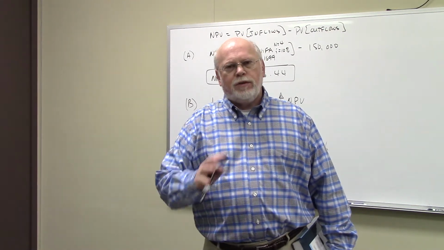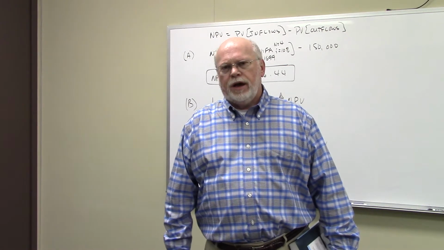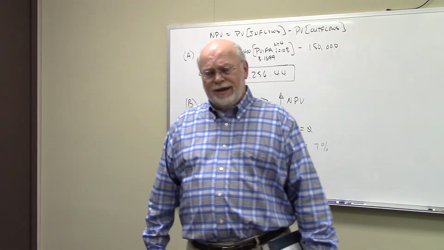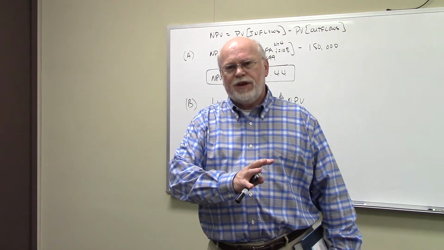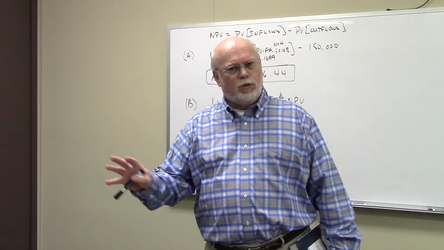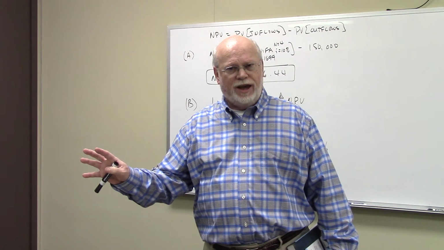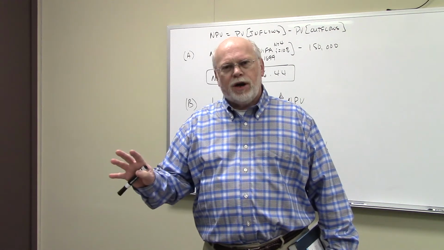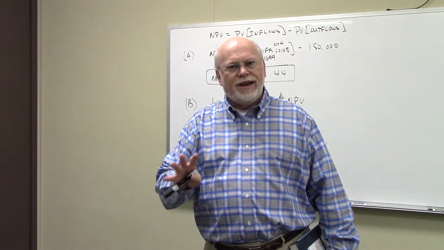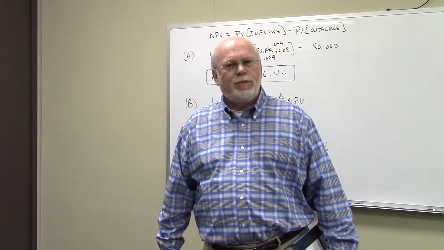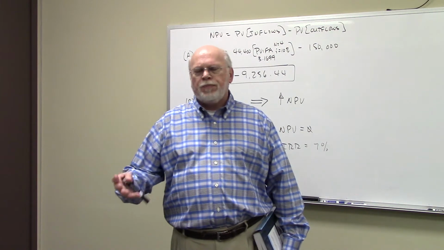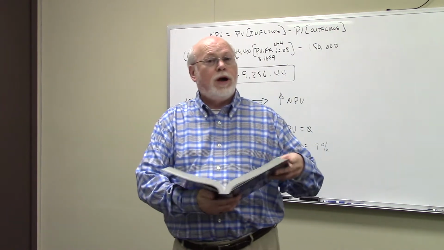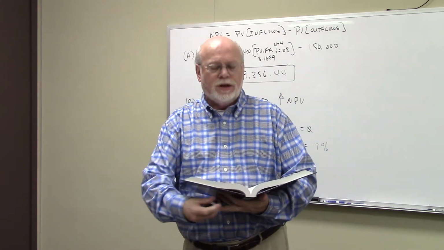As we talked about in one of the lecture videos, if a project has a positive net present value, the rate of return will always be greater than the cost of capital. This particular problem we're about to work looks at that and asks you a few questions about it, and this is something important for you to understand in capital budgeting.